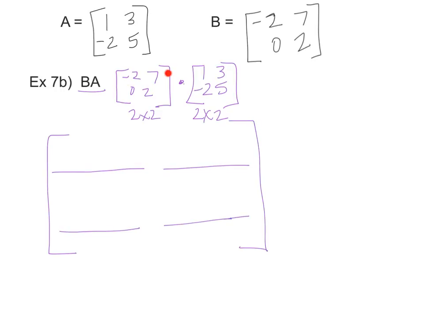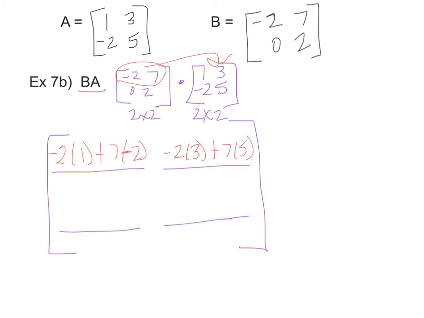So if I get this top row, distribute it to each column, then I end up with negative 2 times 1 plus 7 times a negative 2. And if I distribute it to the second, I get negative 2 times 3 plus 7 times 5.